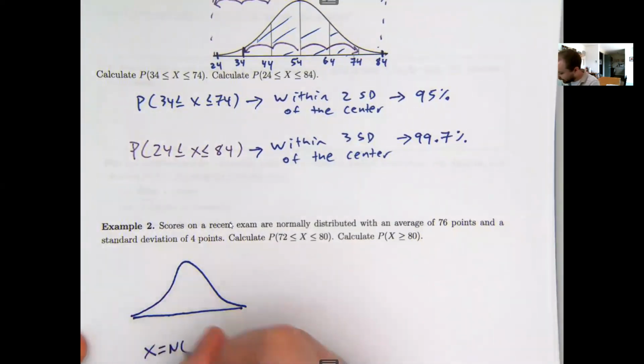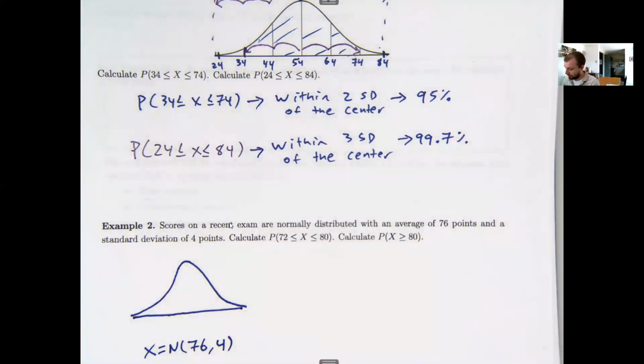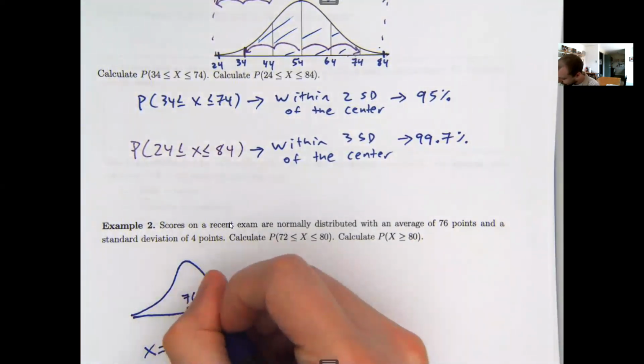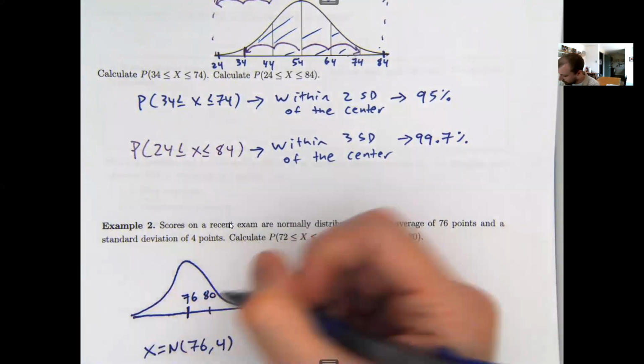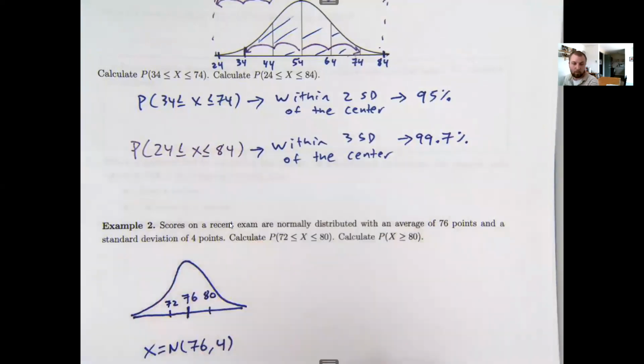Notation-wise, my average is 76, and I'm going to count by 4s. So 76 shows up here. And I'm going to count by 4s in both directions. This is 80, 1 tick mark above. This is 72, 1 tick mark down.